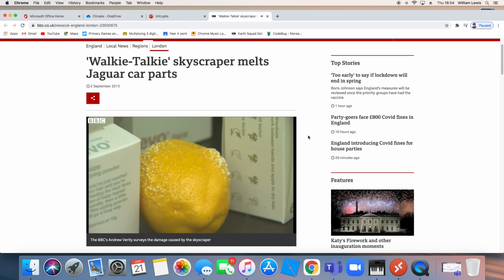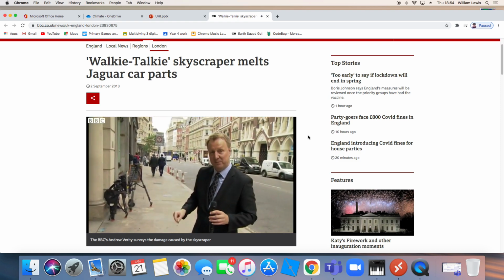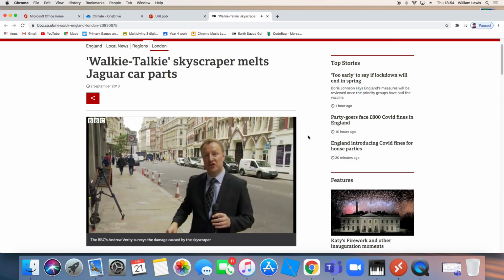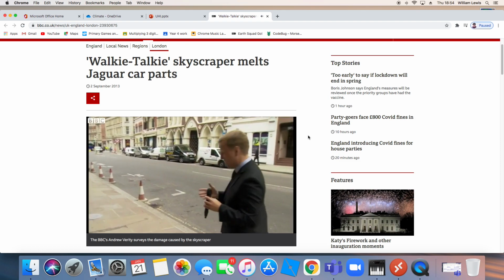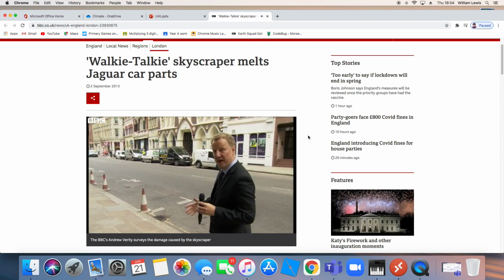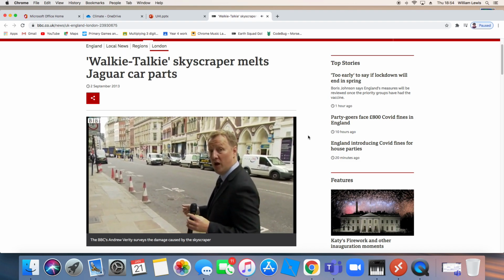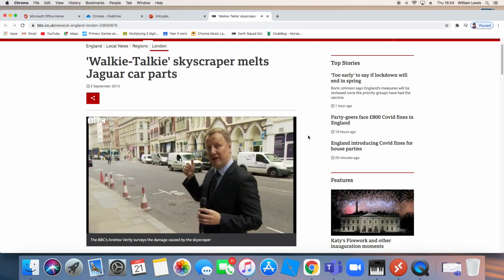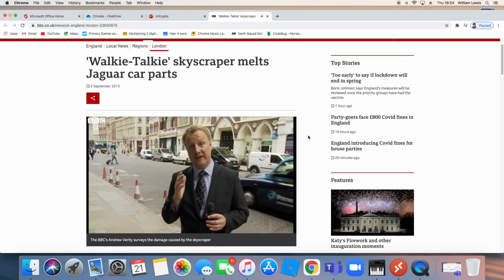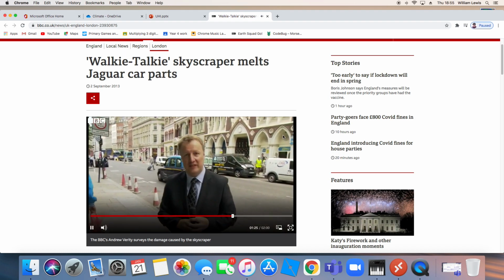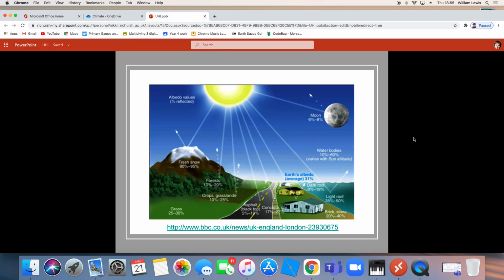Now behind me is something that's become rather famous in the last couple of days, the exact spot where someone left his Jaguar just for a few hours, but because of the heat, found that when he returned, the wing mirror and various other plastic panels were melted. Now Land Securities, the owner of 20 Fenchurch Street, the Walkie-Talkie, has said they want this area blocked off from cars so that doesn't happen again. Not surprising when they've had to pay nearly £1,000 in damages.